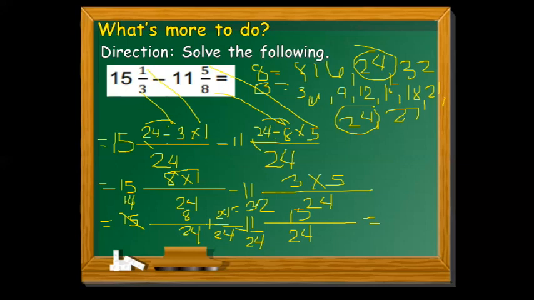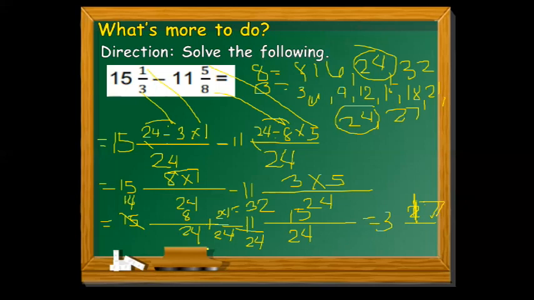So we will now subtract this one muna, 14 minus 11, we have 3. And then 32 minus 15, we have 17.